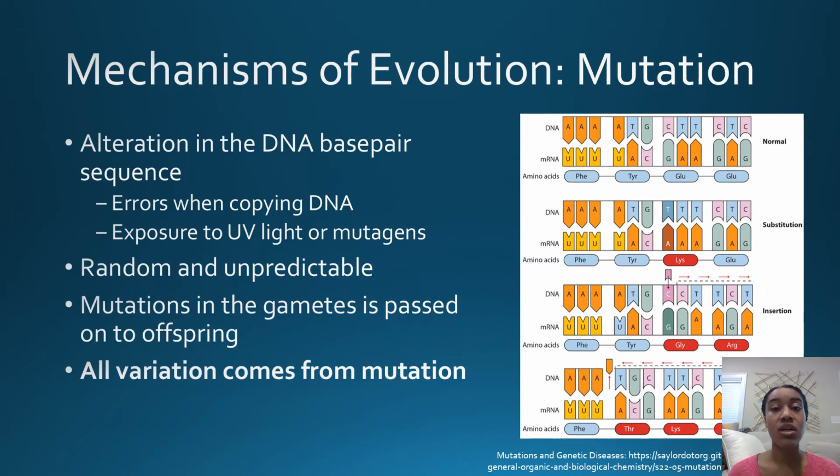Mutagens are chemical compounds that bind to DNA and change its structure. Mutations are random and unpredictable, and generally, if a mutation occurs in the gametes, it is passed on to offspring. As long as it's not a lethal mutation, it will be passed on, and that offspring will have that trait. All variation in life comes from mutation.